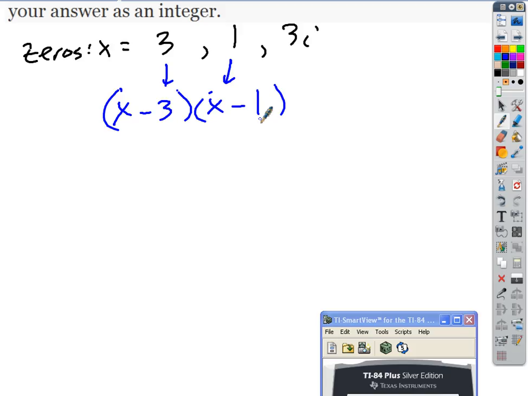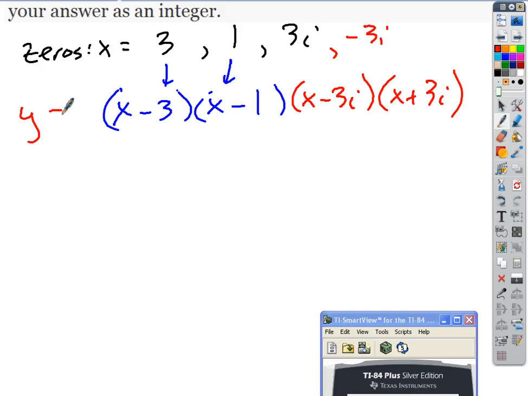Now, when I FOIL these out, this is my answer, right? That's the polynomial, but they want us to expand this thing out. Which two should I multiply first? Yeah, the conjugates, right? If I FOIL those out, I get x squared plus 3ix minus 3ix. The x terms cancel. And then I get minus 9 i squared.